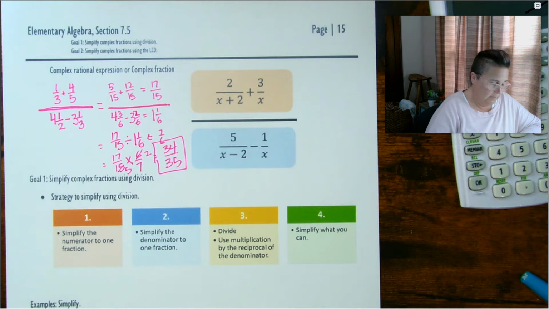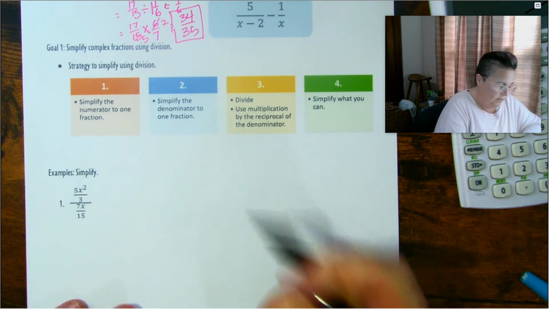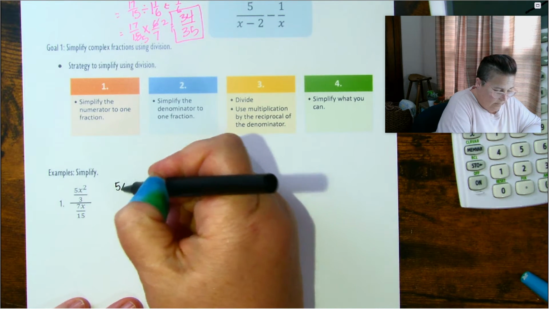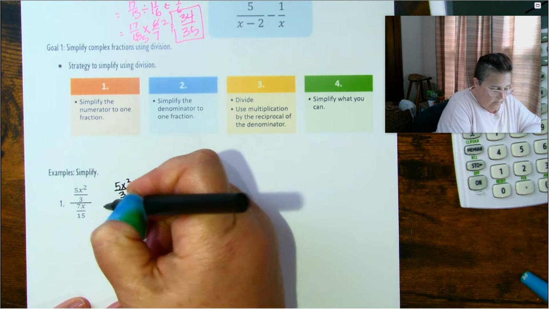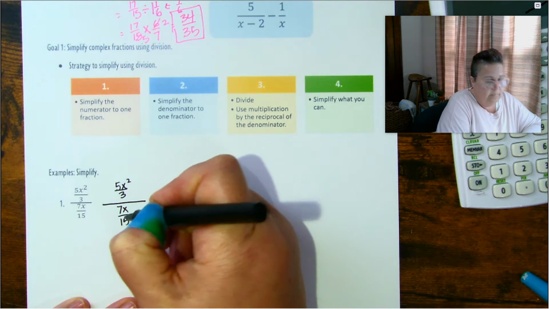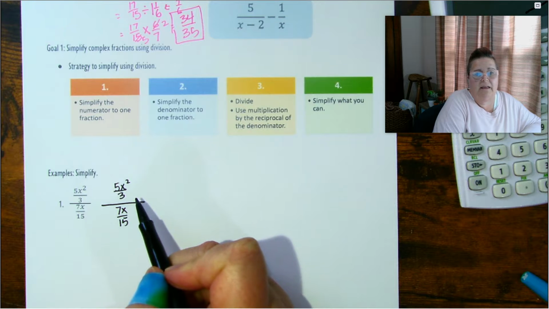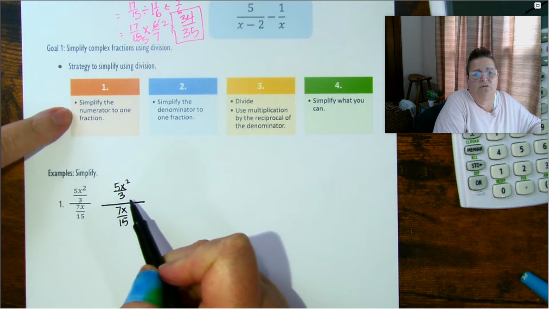All right? So what does that look like? Well, here we go. We have 5x squared over 3 over 7x over 15. Is the numerator as simplified as it can be? We're going to simplify the numerator to one fraction.